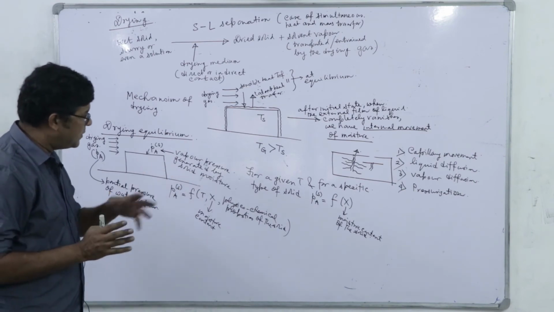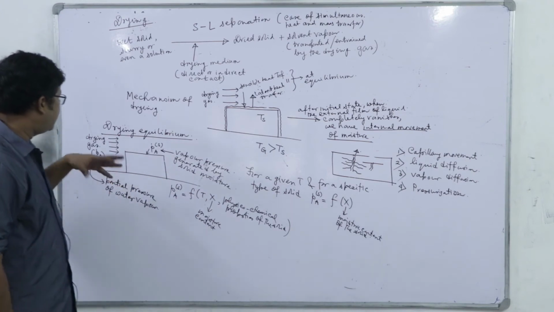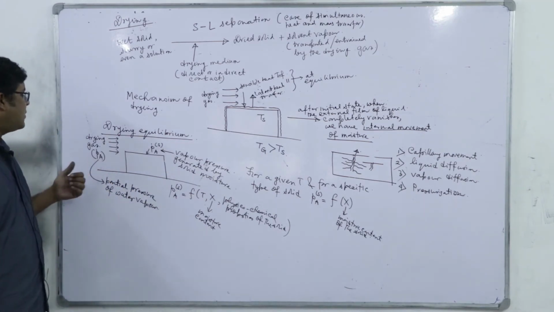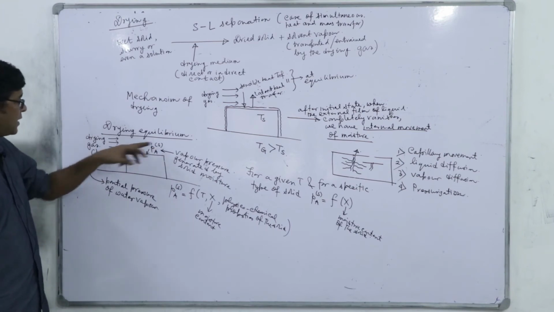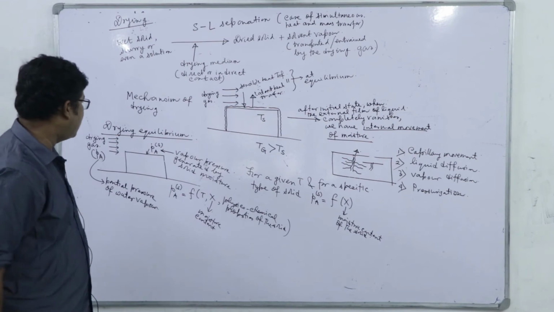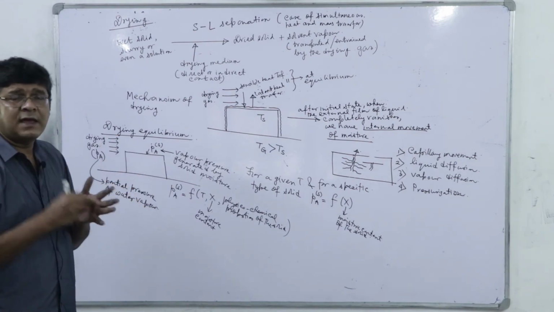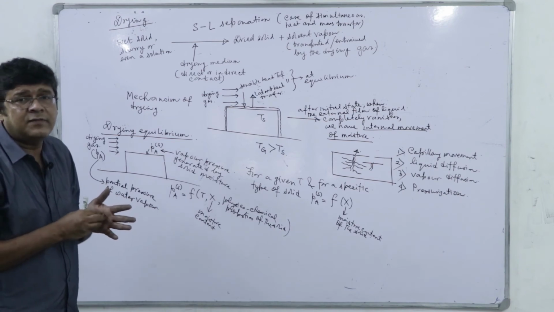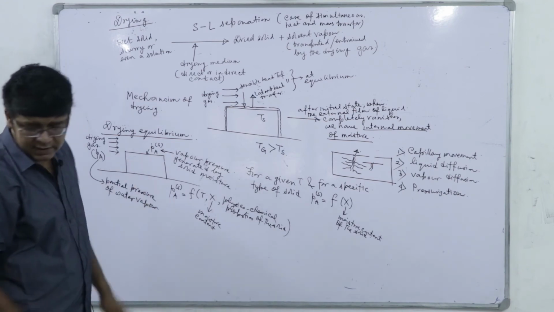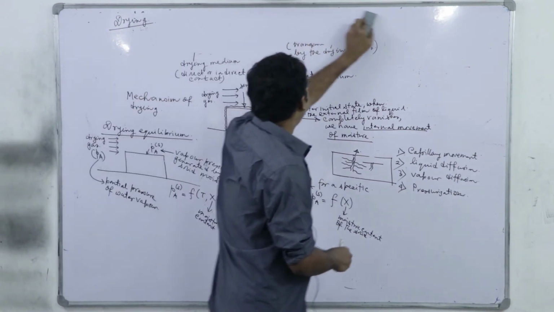So, how do we bypass that exact mathematical evaluation? We can plot the experimental data of PA by PSAT, that is the relative humidity of the drying gas, with X, when the drying ceases and no further change of X is taking place, and that is called the equilibrium plot or drying equilibrium curve.